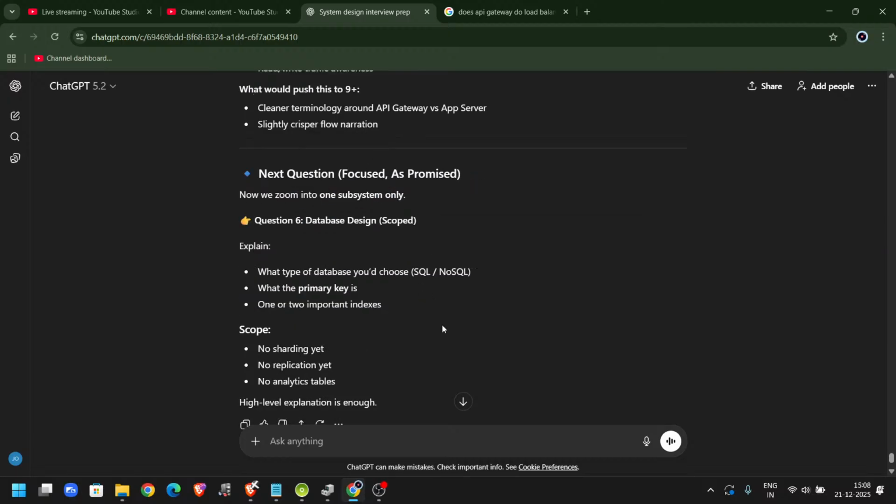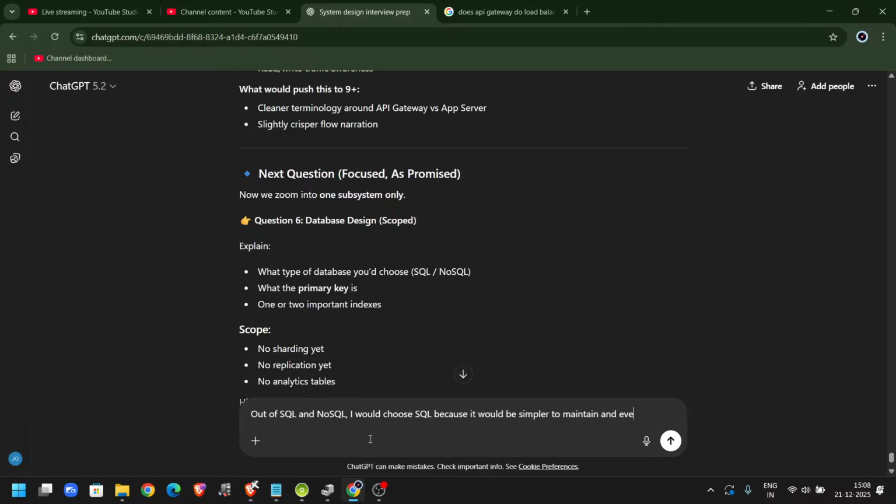Cool. Now we have the next question, that is database design scoped. Explain what type of database you will choose, SQL or NoSQL. Okay. Out of SQL and NoSQL, I would choose SQL because it would be simpler to maintain.